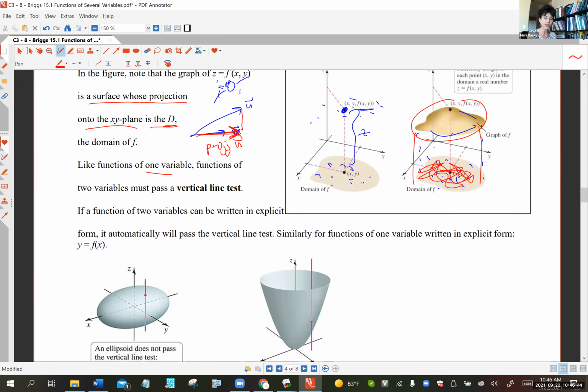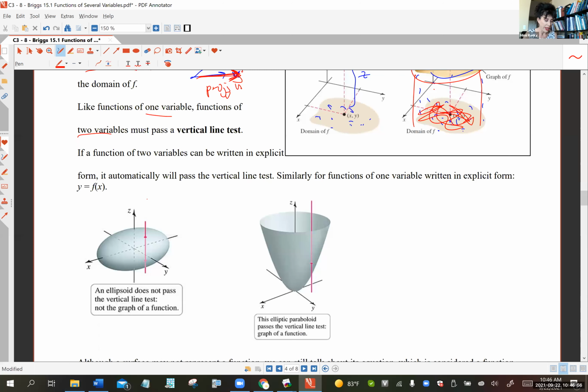Now, just like functions of one variable when you took pre-calc, functions of two variables have to pass the vertical line test if you're going to call them a function. Otherwise, they're not functions. So check out this ellipsoid. It does not pass the vertical line test because the vertical line intersects more than once.